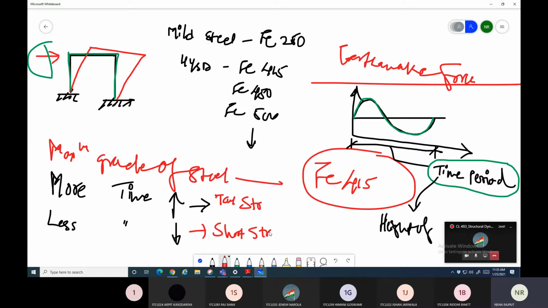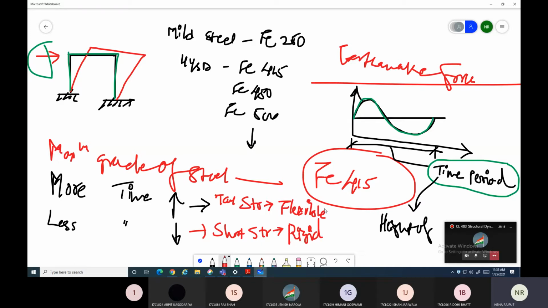Tall structure and short structure, right? Also, this tall structure is your flexible structure, and the short structure is your rigid structure, right?